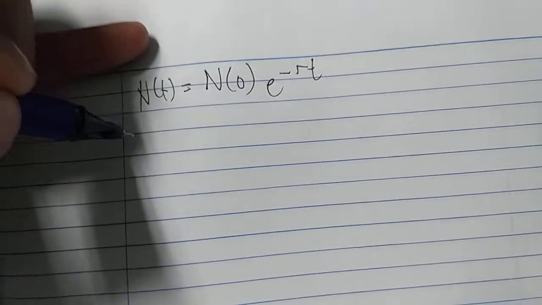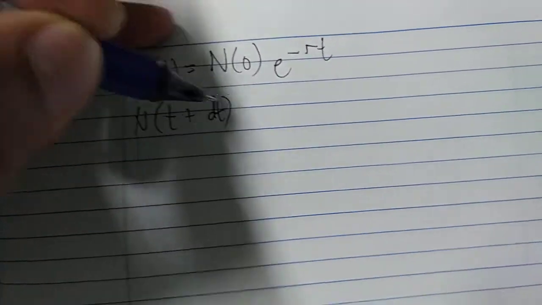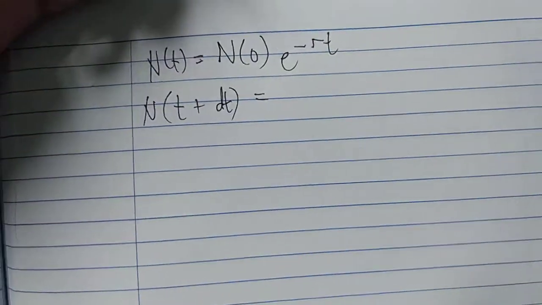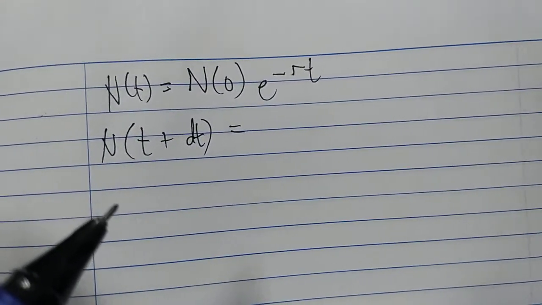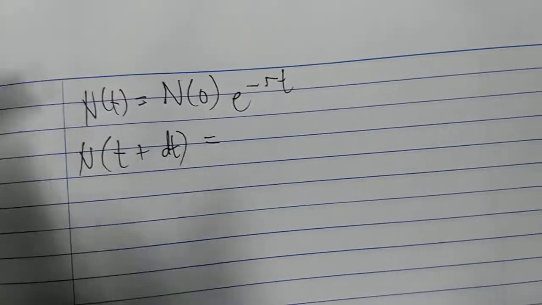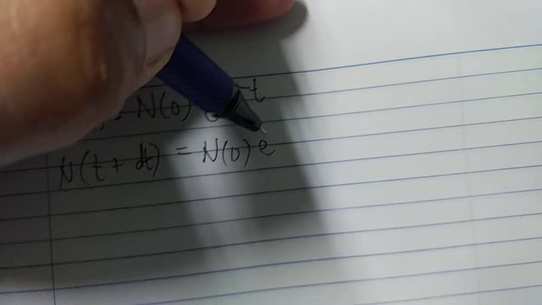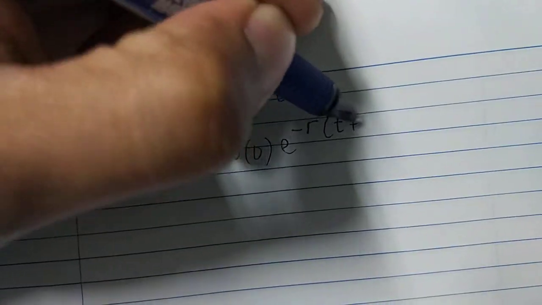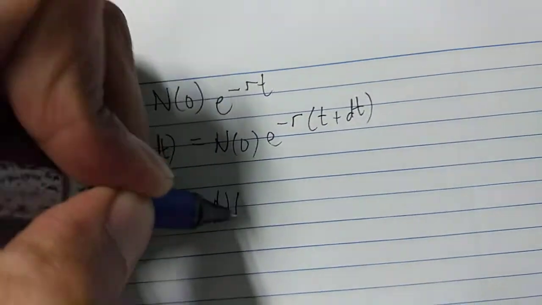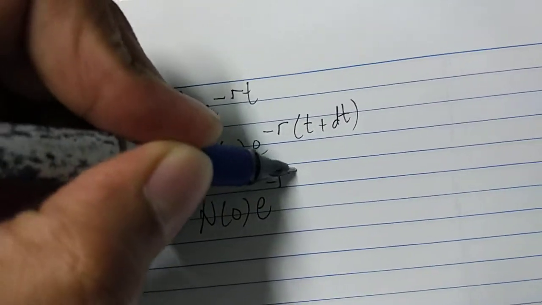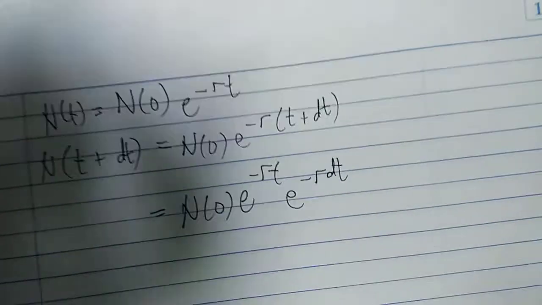Since it will be decreasing, that will be N at some other time t plus dt. Wow, it feels so awkward to be writing and then looking at your handwriting at the camera. There's like a delay or something. Anyway, this is just N(0) e to the minus gamma (t plus dt). Of course you can always separate that exponential: N sub 0 e to the minus gamma t, and then e to the minus gamma dt.